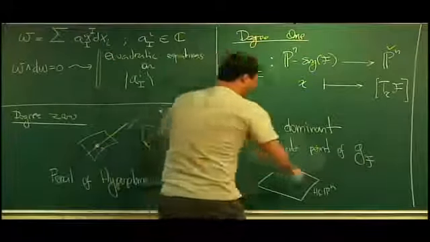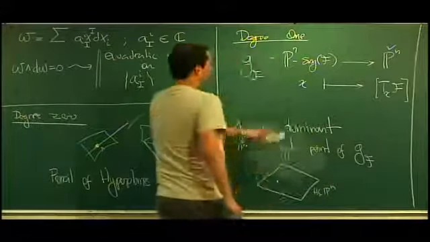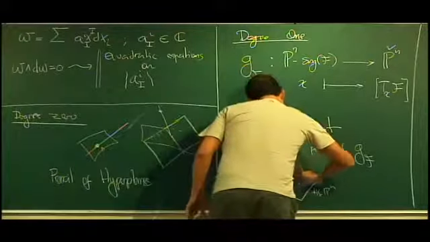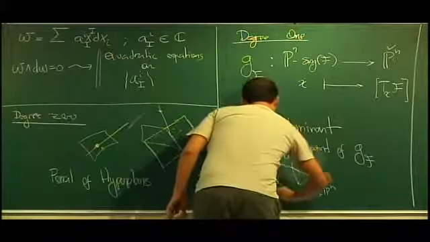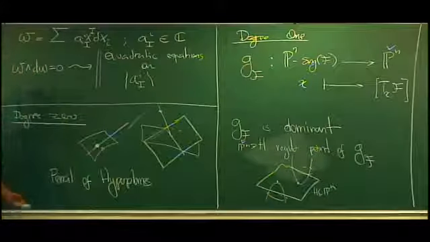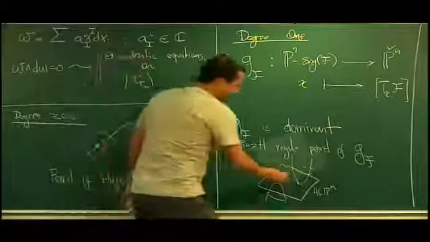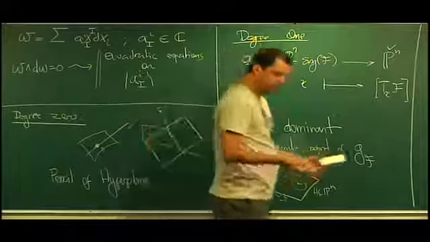And I am going to have some points on it which correspond to the tangencies of the foliation with the hyperplane. And being a regular point, it's not hard to verify that this will be a regular point of the foliation.